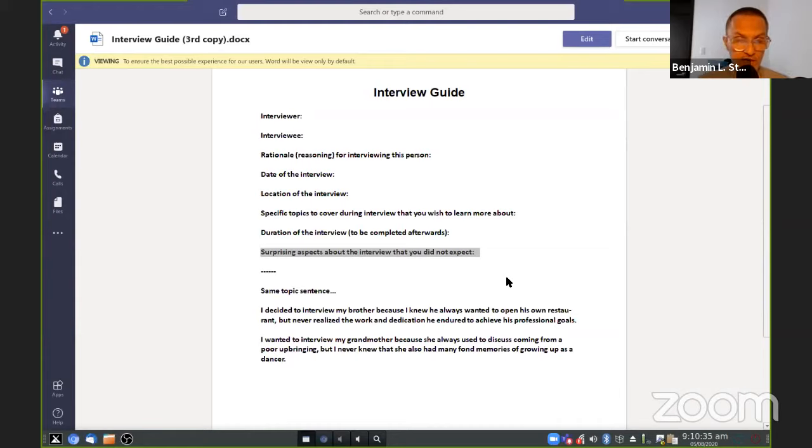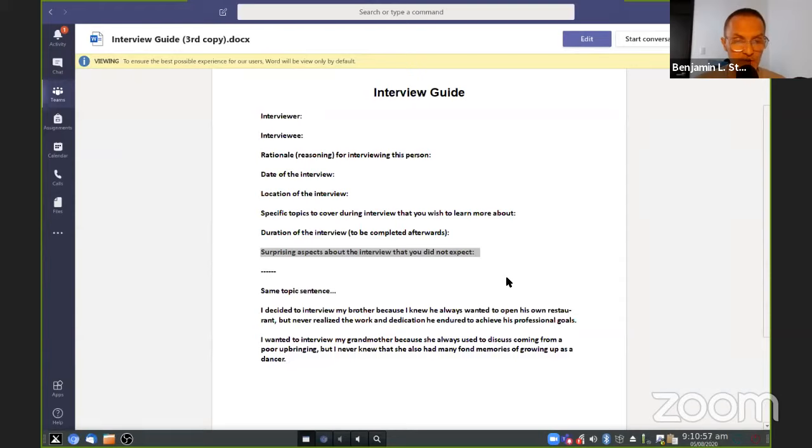But I wanted to give you guys an example of how I would approach your topic sentence for this assignment. And then after you have your topic sentence, this is where you're going to introduce your questions and then their responses, and then your reflection, your comments.